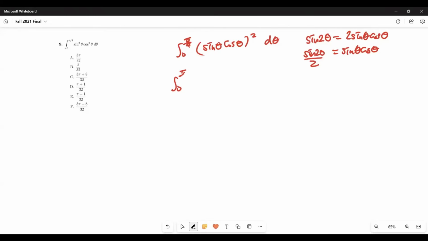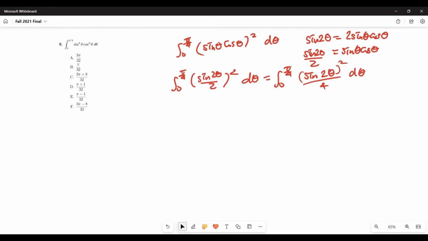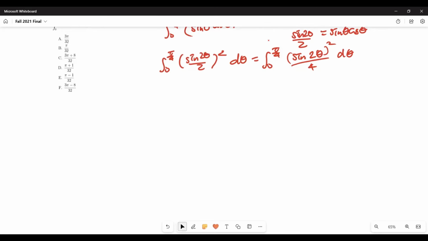So swap the value: sine 2 theta over 2 squared d theta. This is the same as 0 to pi over 4, sine 2 theta squared over 4 d theta. Okay, so how am I supposed to solve this?